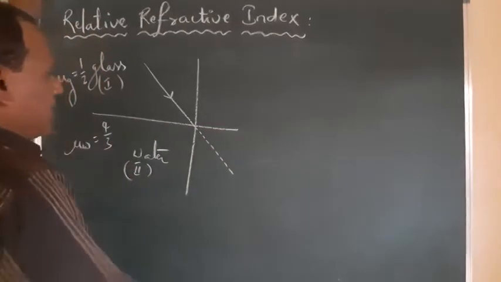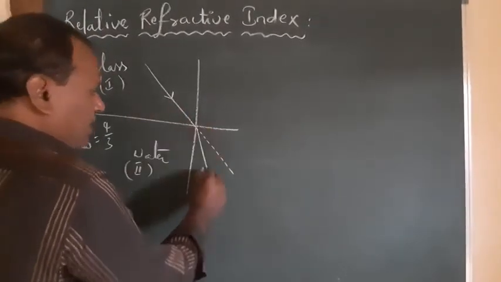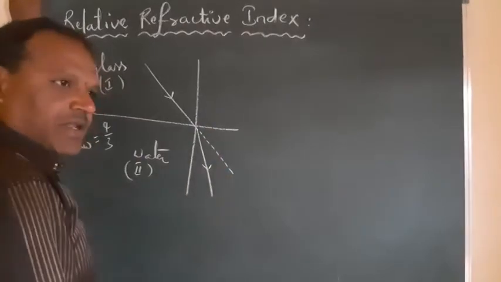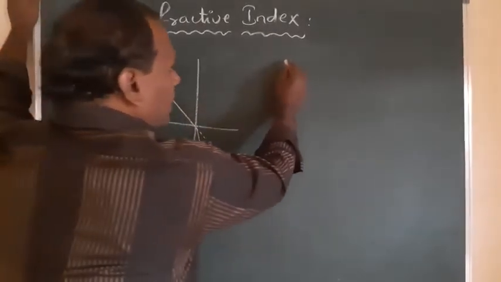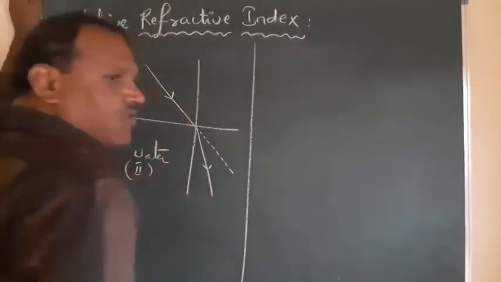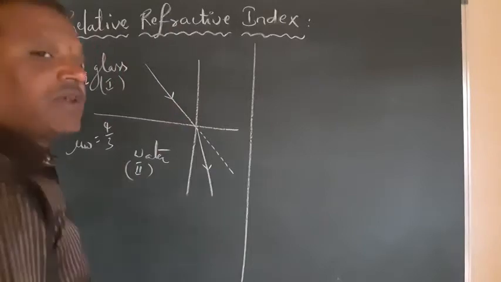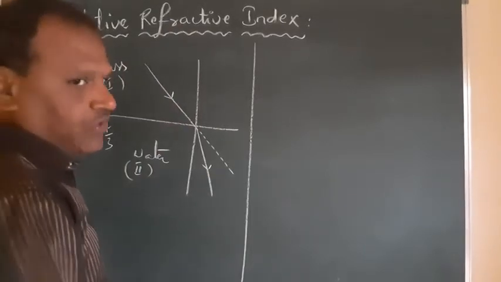Now you can see the ray propagating from one medium to another, and definitely a deviation takes place in the other medium, right? So here I want to calculate the relative refractive index of water with respect to glass, or the relative refractive index of glass with respect to water. Any one can be calculated.